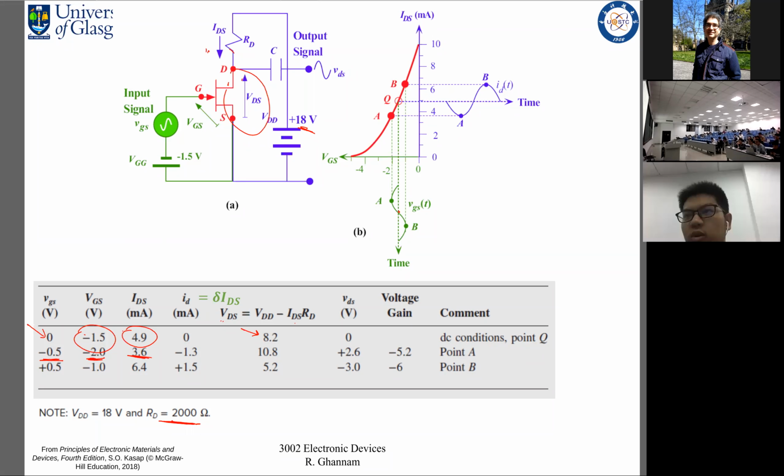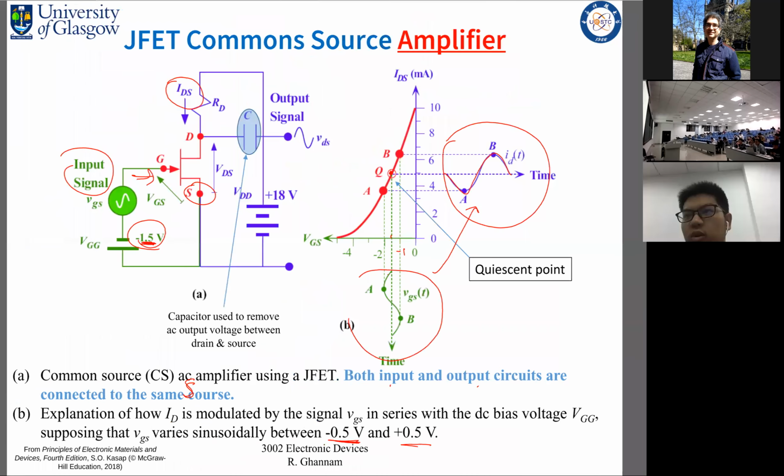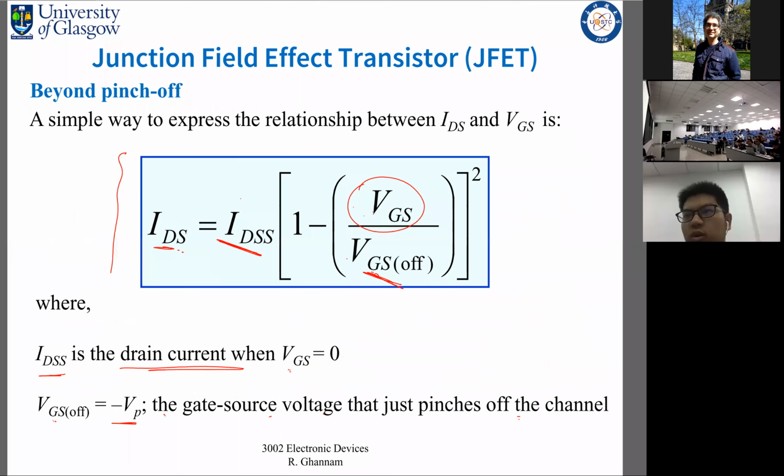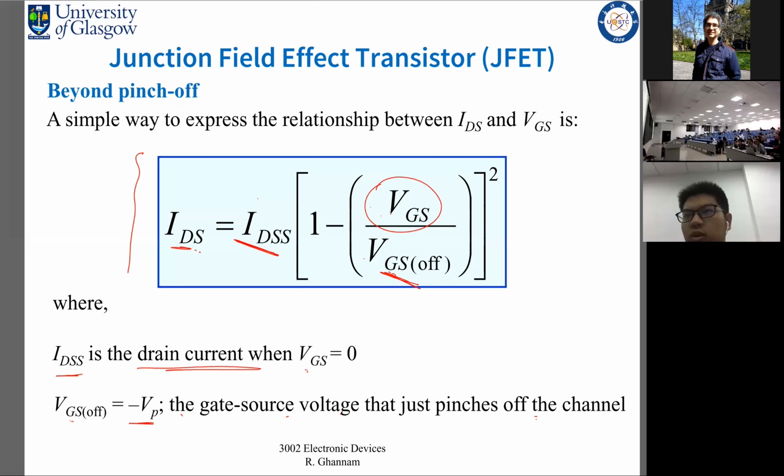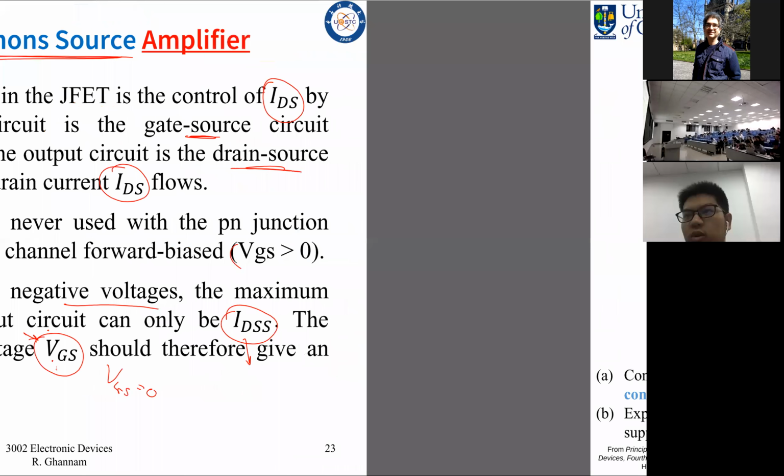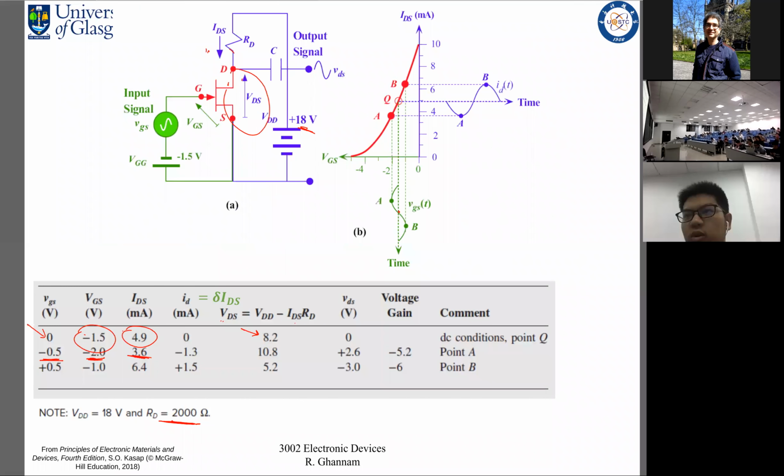Let us input our new VGS value into this expression to find our new IDS value. If we do this, we should obtain 3.6 milliamps.